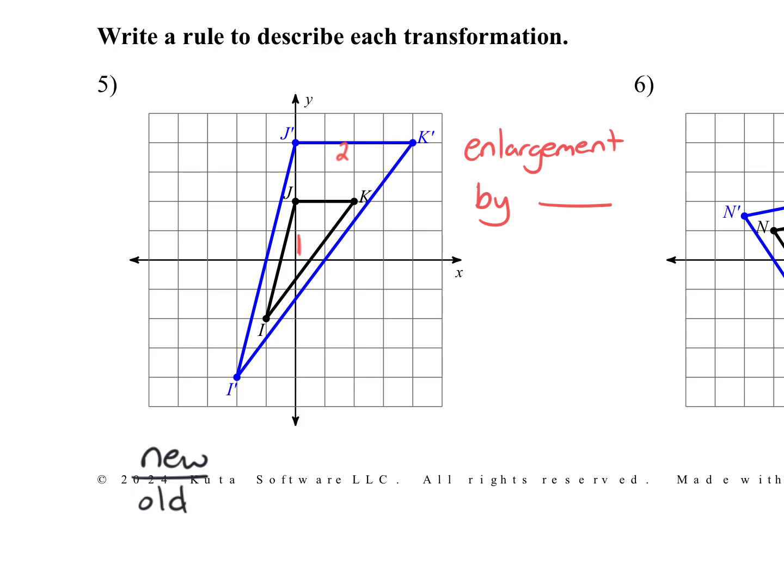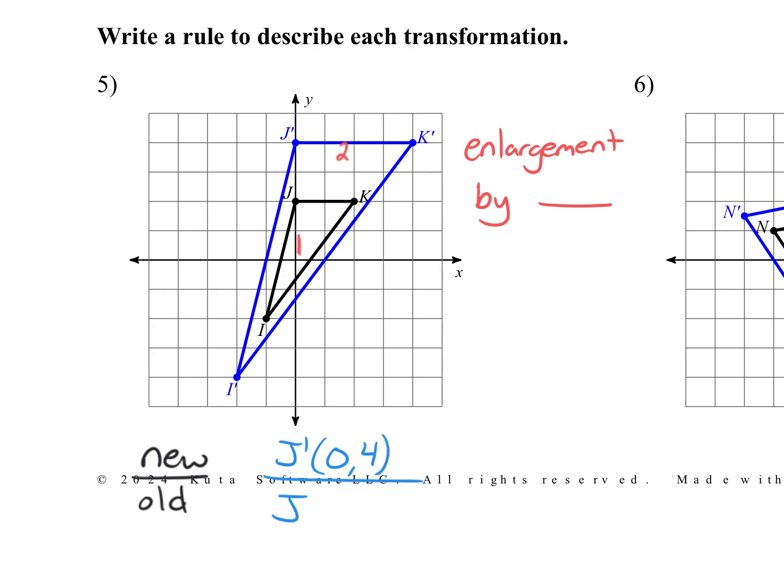So you can pick any of the points. Does it matter? No, why not? It doesn't matter, because they all should have the same scale factor. So I'm going to pick J as an example. J prime, what are J prime's coordinates? 0, 4.